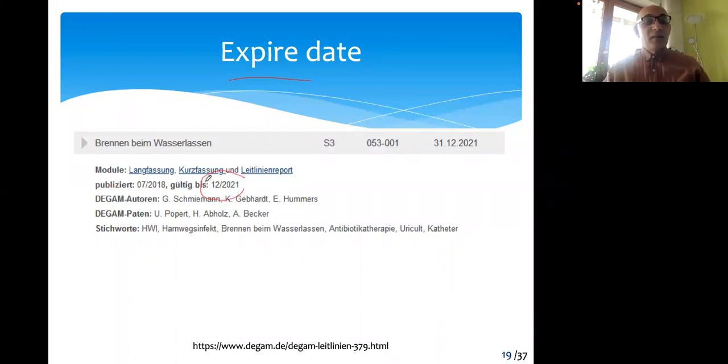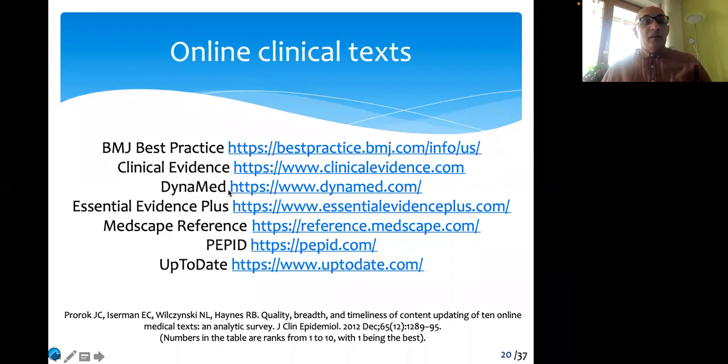Here, an example of the German guidelines for dysuria, painful urination. They developed the guideline and they put that deadline, after which date it should be updated. Okay.